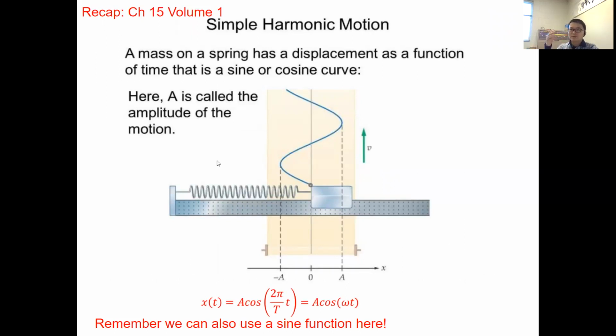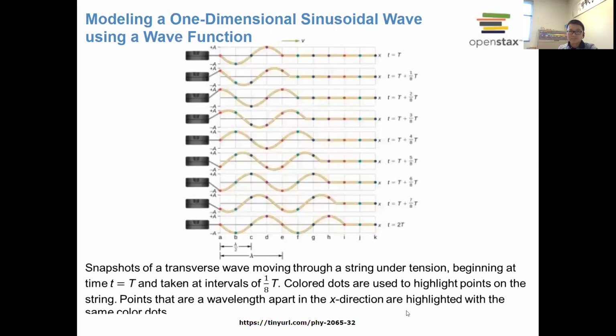Back in physics 1, we talked about oscillation. When the position of the medium goes back and forth, we use a sine function or cosine function. So for the position, if we use a cosine function, then it's cosine omega t. Omega is related to the frequency, the angular frequency: omega is equal to 2 pi times f, or 2 pi divided by the period T. We can also use a sine function, they are the same.